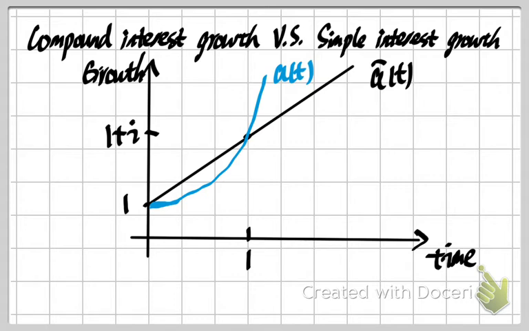However, after 1 unit of the period, the compound interest will exceed the simple interest growth. Here the black straight line, denoted by A bar, is our simple interest growth. Now by this graph, we have a more straightforward idea about the difference between compound interest rate and simple interest rate.